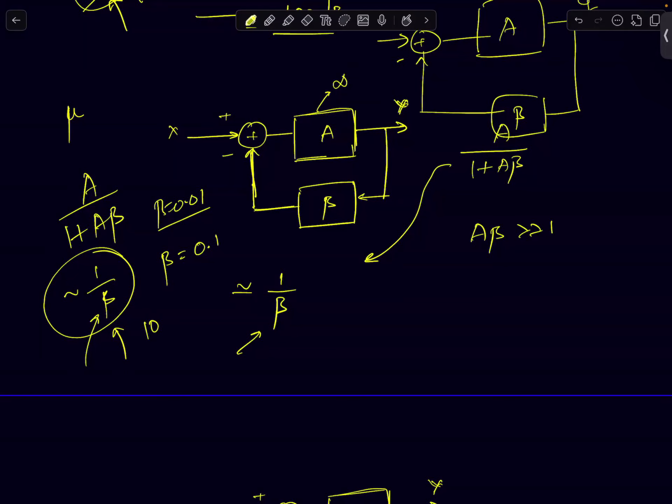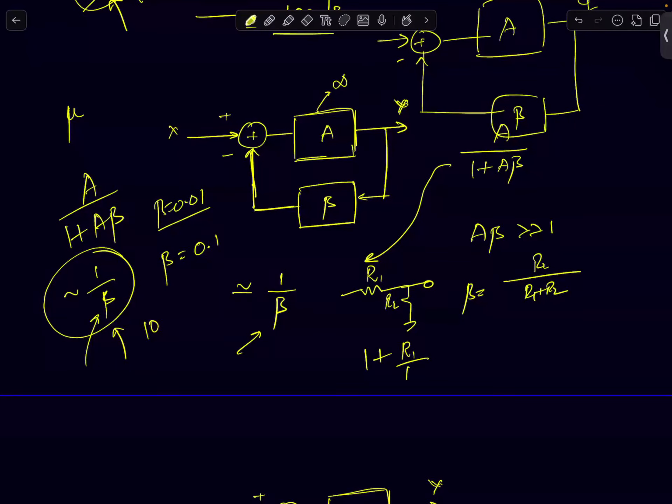Now, how do I get a beta which is independent of variations? Let's take a very simple resistive network, R1 and R2. Then beta in this case becomes R2 by R1 plus R2. So 1 by beta then becomes 1 plus R1 by R2. Now, this gain is dependent upon the ratio of two resistors.